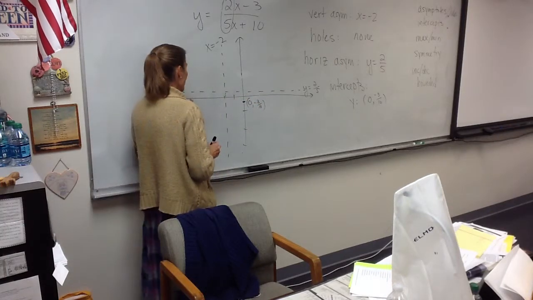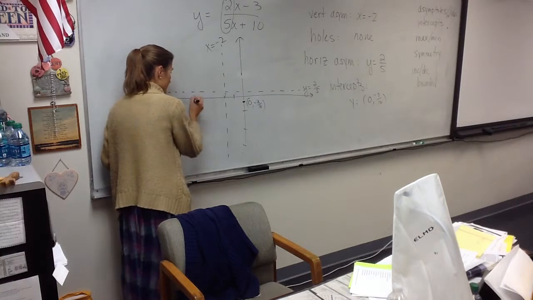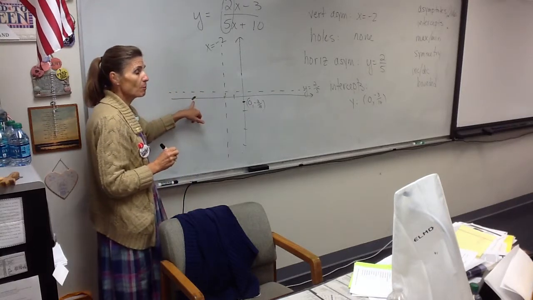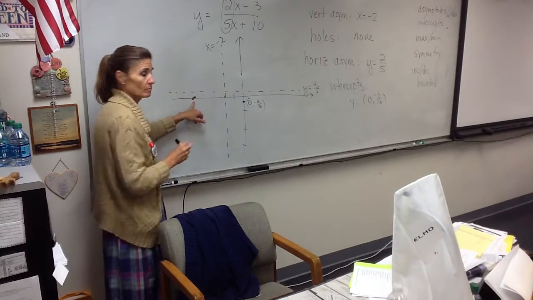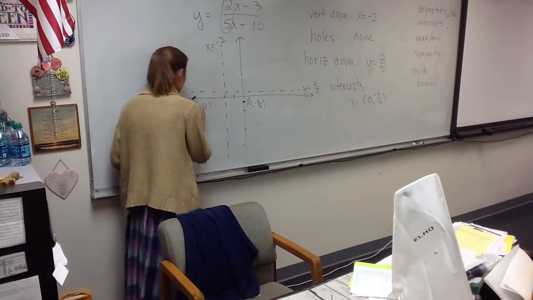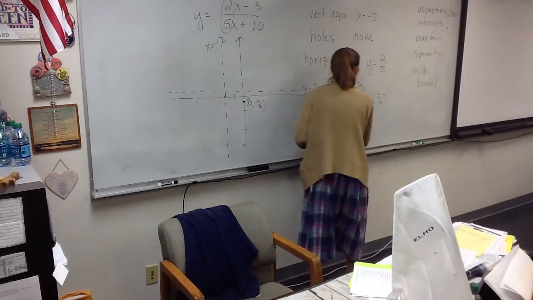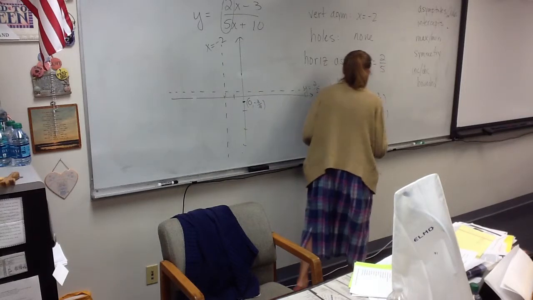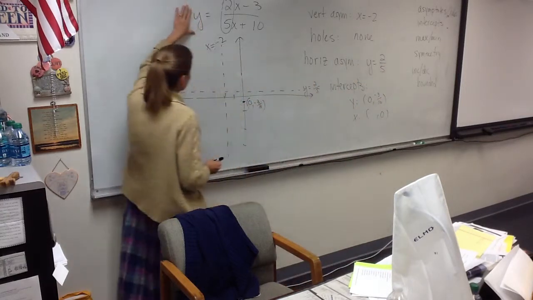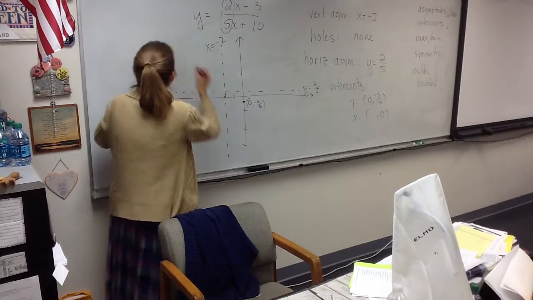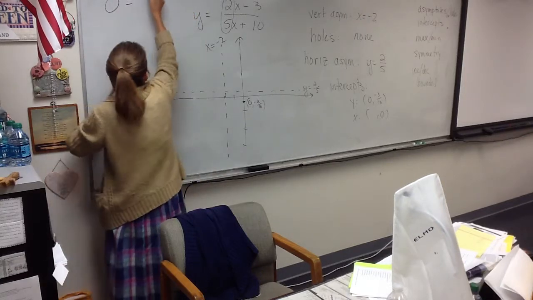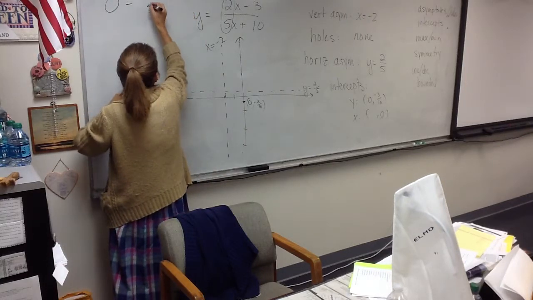Similarly, how will I find my x-intercept? What can you tell me about that point? Y is 0. So to get an x-intercept, I'm going to let y be 0. So I go back to my equation, and I let y be 0. So 0 equals 2x minus 3 over 5x plus 10.